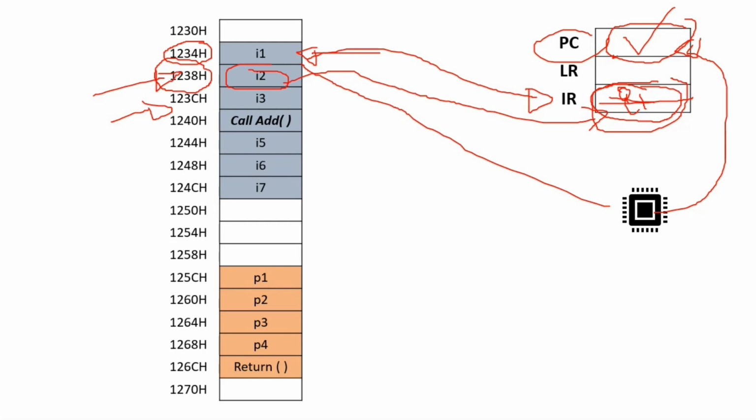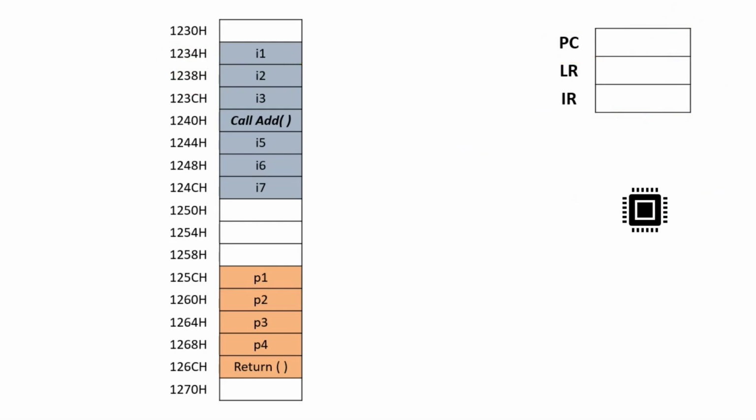So overall, the processor finds out the instruction to be executed using the PC value. PC holds the address of the instruction that has to be executed. From that PC value, the processor fetches the instruction from that address, places it into the instruction register and updates PC to the next instruction. So this is how exactly it works.